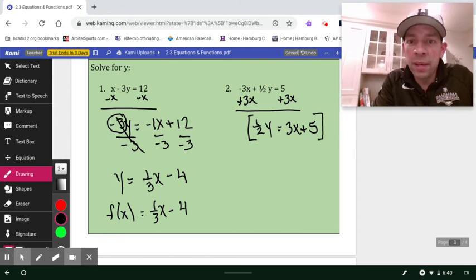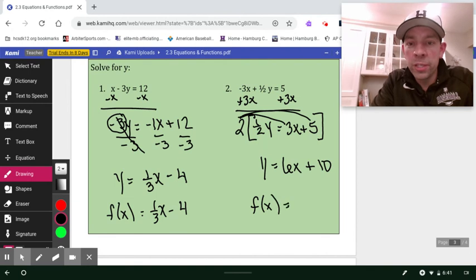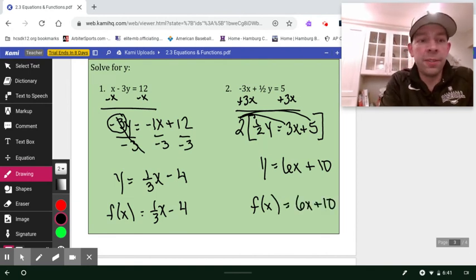I'm going to multiply every term by 2. When I multiply the 2 and the 1/2, that makes 1y. 2 times 3 makes 6x, and then 2 times 5 makes 10. Now we were able to solve for y. We'll rewrite it in function notation, and that's our final answer there.